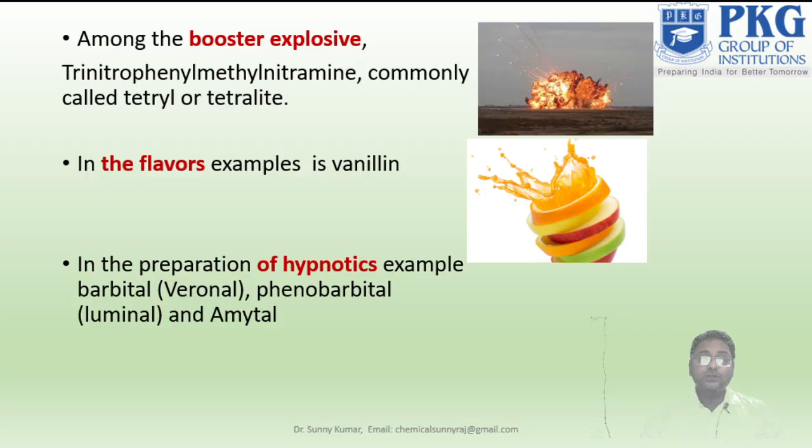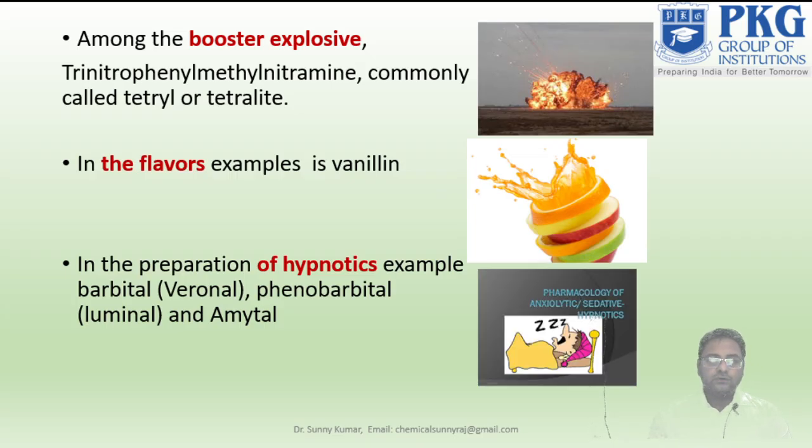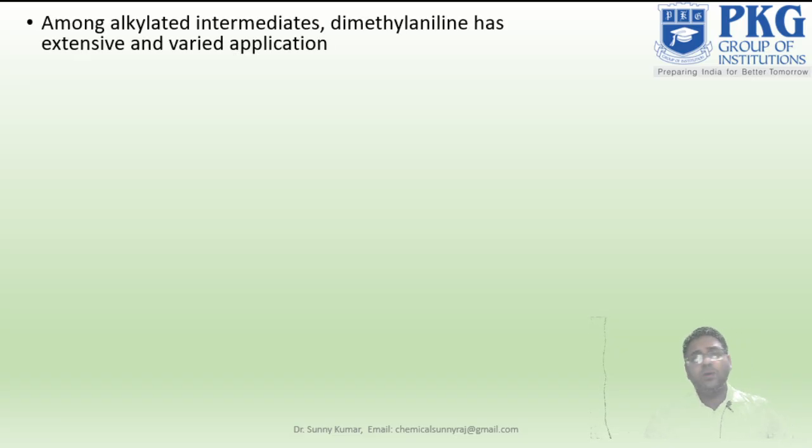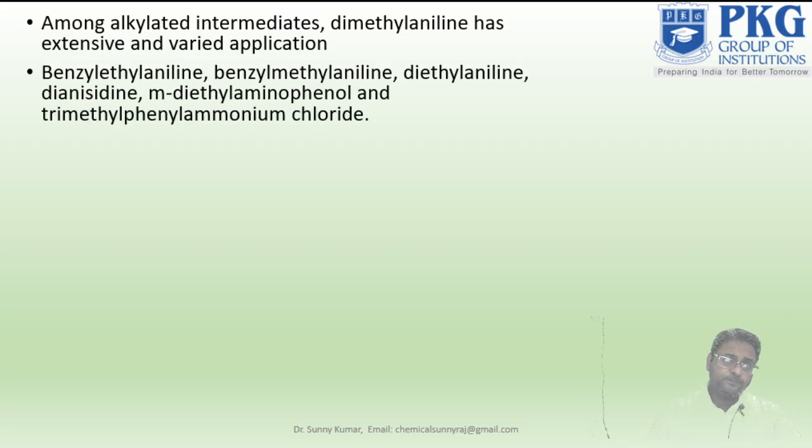And in the preparation of hypnotics, examples are barbital, veronal, phenobarbital, luminal, and amytal. So these are the different hypnotics examples, which are for sleeping purposes. So these are some examples of alkylation. Among alkylated intermediates, dimethylaniline has an extensive and varied application.